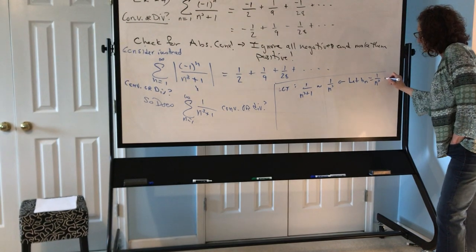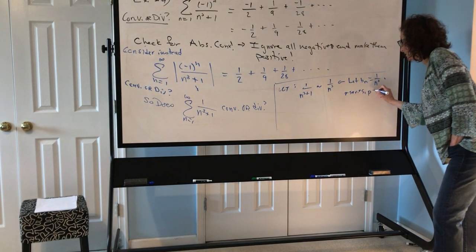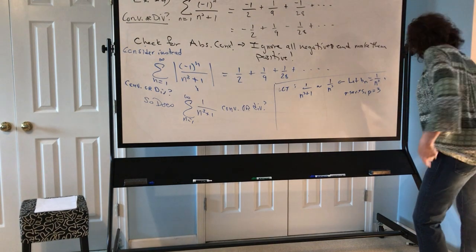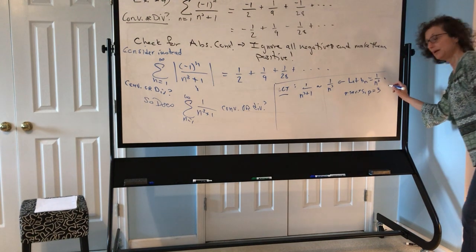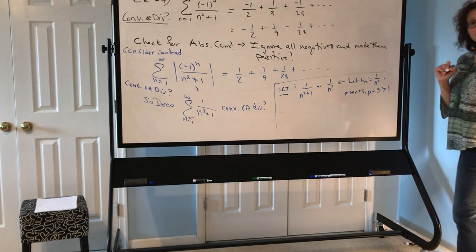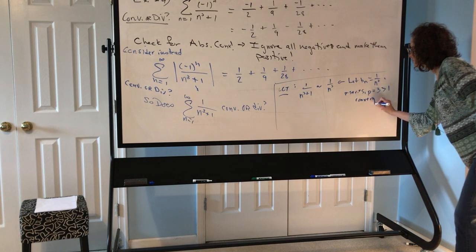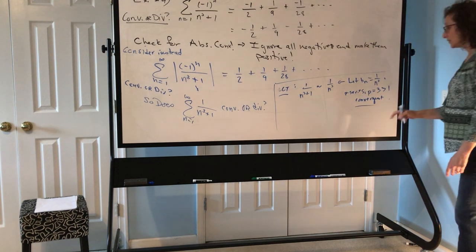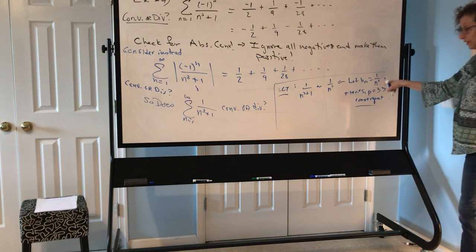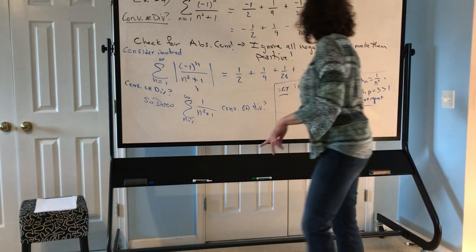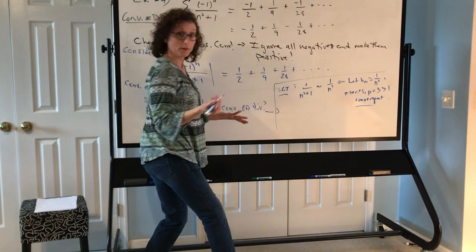And this is a p series with p equals 3. What do I care about here? I want p to be strictly bigger than 1, and then I will get convergence. So here is a convergent p series because p is bigger than 1, 1 over n to the p. I'm going to compare with that. How do I do the limit comparison test?